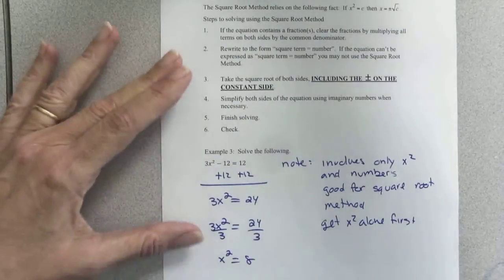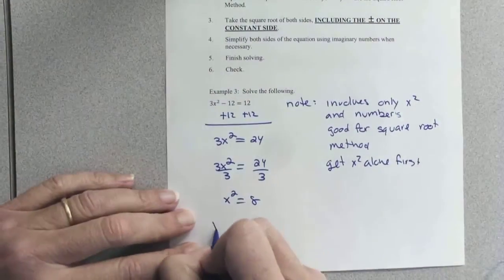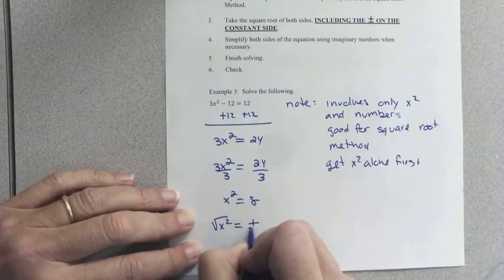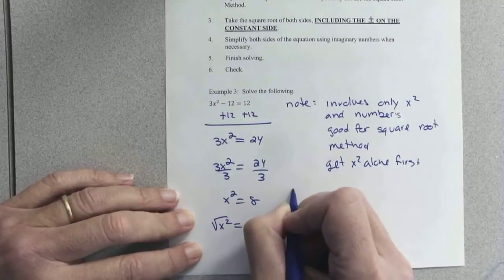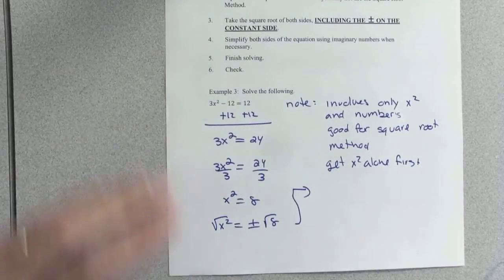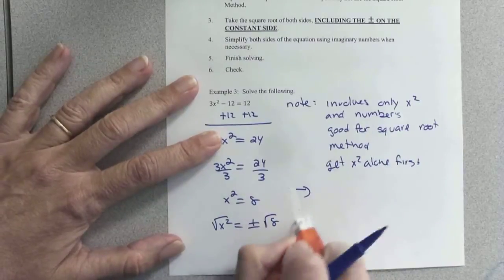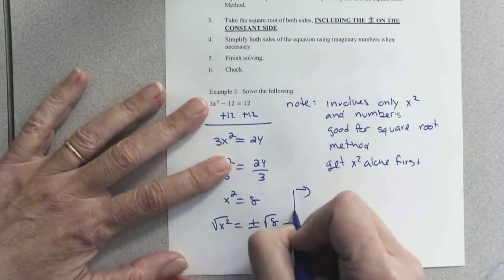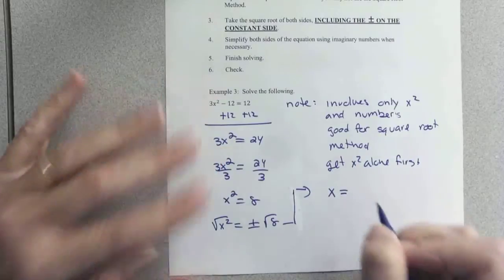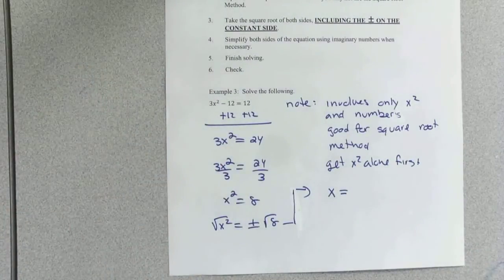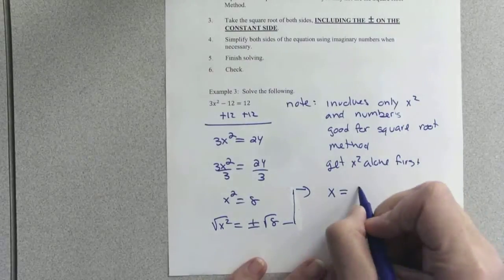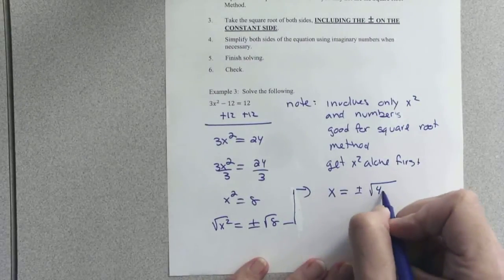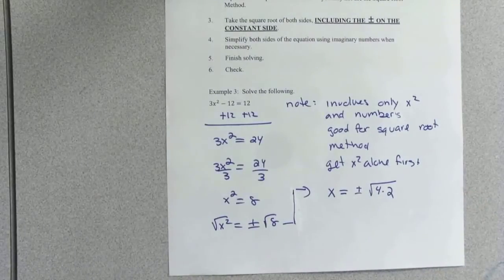And now that my square is alone, the magic step: I take the square root of both sides, including a plus or minus. And why this works is square roots and squares are inverse operations. So the square root and the square cancel, leaving me just x. And then over here, I'm going to simplify my radical.